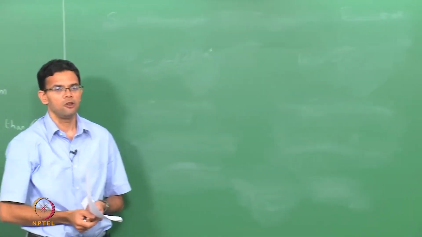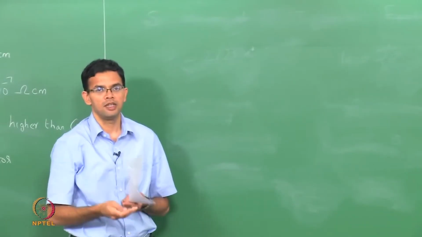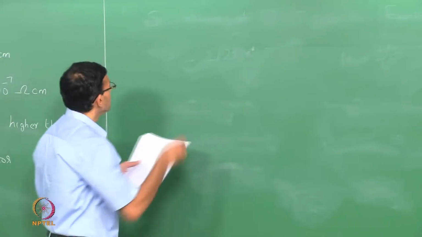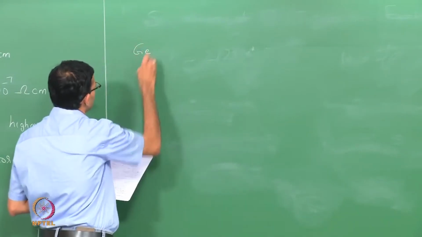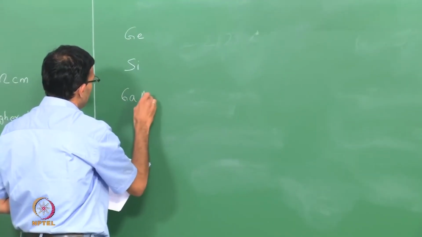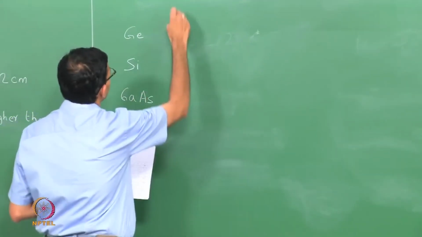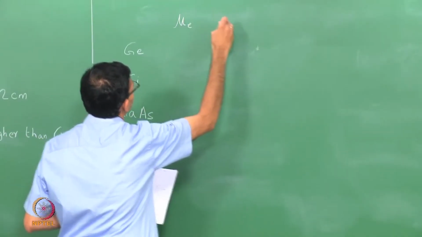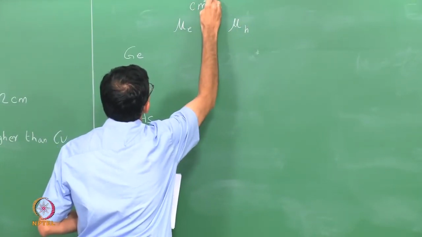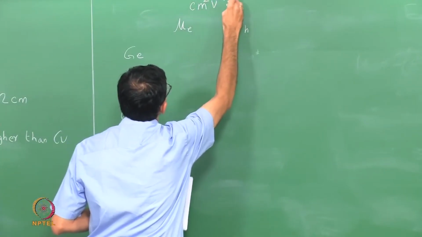Last class we also looked at the comparison of silicon with other semiconductors based on mobility. So, we have 3 semiconductors we looked at: germanium, silicon and gallium arsenide. Let me write down their mobility values mu E and mu H. The units will be in centimeter square volts per second.